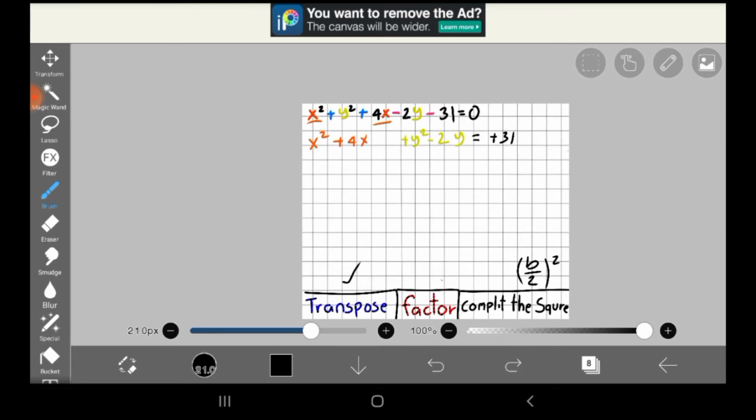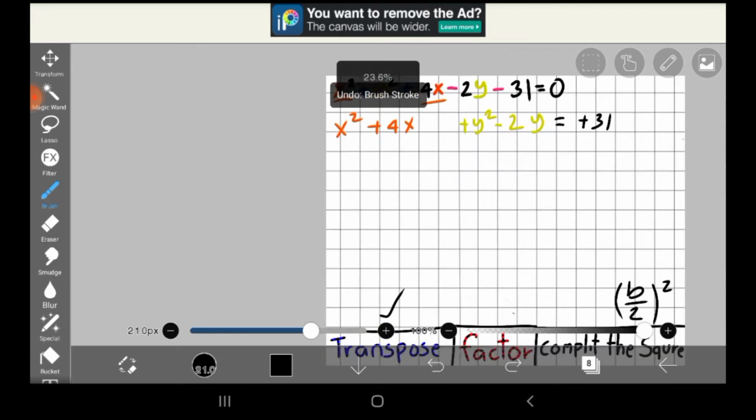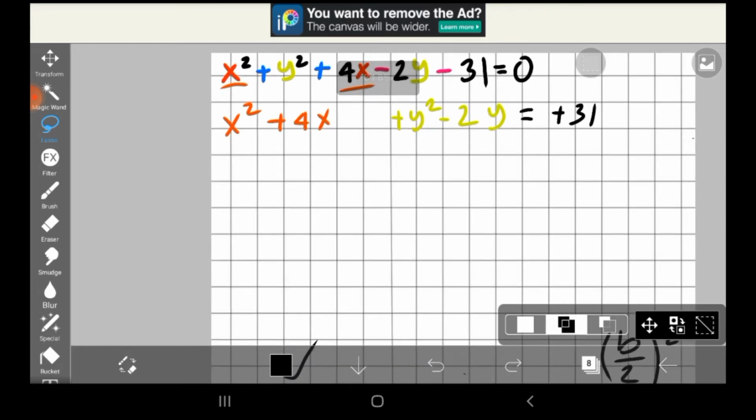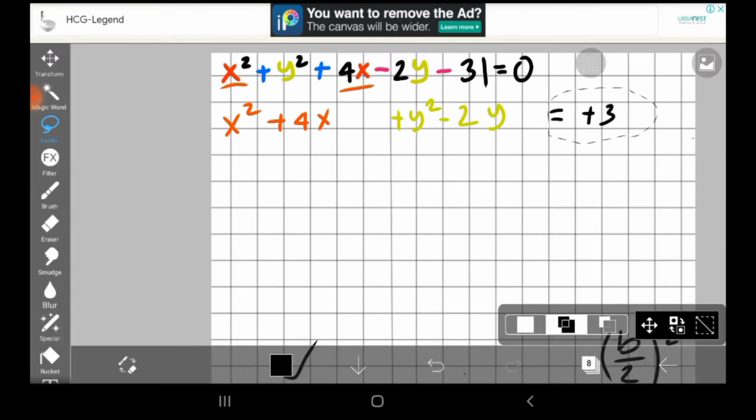It's not higher than 1. It's not lower than negative 1. So we're not using factor. So we're going to use completing the square. In completing the square, we're looking for the c of both axes. So let's start with x.